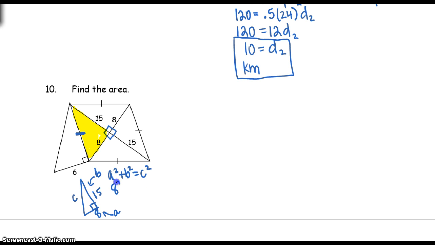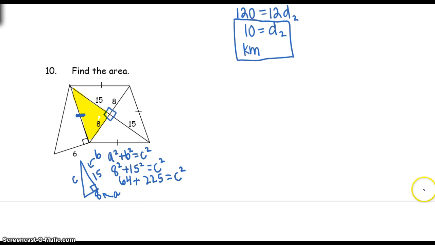So then we have 8 squared plus 15 squared equals c squared. On the calculator, 8 squared is 64 and 15 squared is 225. So that all equals c squared. And I hope that you write smaller than me because I definitely am going off the page here. So 64 plus 225 is 289.